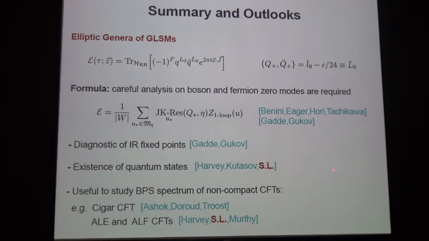Of course, in this case, because of the scattering states, we need to generalize this elliptic genus formula a little bit, and the elliptic genus turns out to be non-holomorphic, but still we have some exact results, and from that we can study the BPS spectrum of non-compact CFTs in a systematic manner. And we can discover very interesting properties of this BPS spectrum, such as wall crossing and mock modularity and so on and so forth.